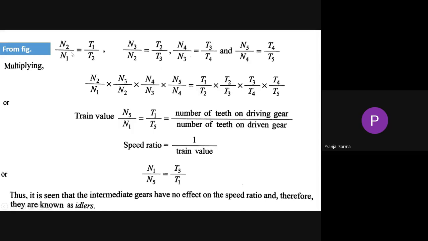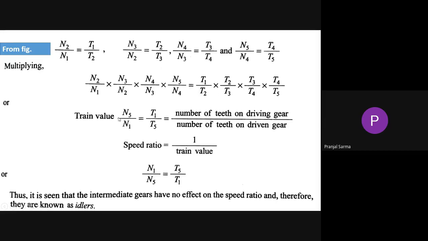If I multiply all of them, that is n2 by n1, then n3 by n2, and so on, on the left hand side, I can equate it to the multiplication of all those right hand sides, that is t1 by t2 into t2 by t3, and so on. This is how we obtain the train value. Looking at this multiplication, n2 will get cancelled, n3 will get cancelled, n4 will get cancelled, and what ultimately remains is the final driven one, that is n5 by n1.